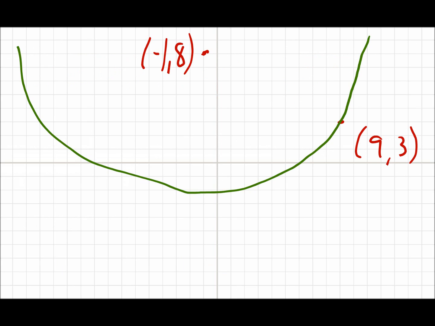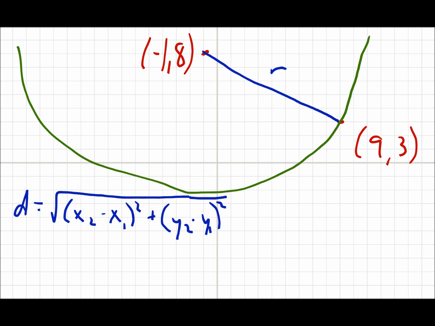So this is a rough drawing of how this circle might look, with the center at (negative 1, 8), and it passes through the point (9, 3). Well, to find the radius, we can just calculate the distance between the center and that point. Once I have the distance, I can substitute that in for r in the circle equation.